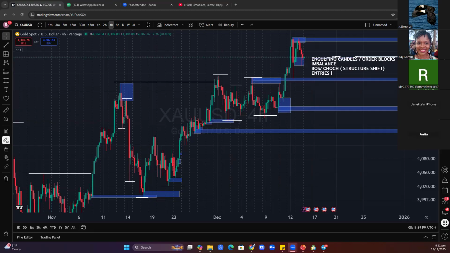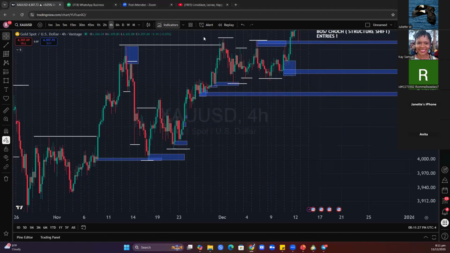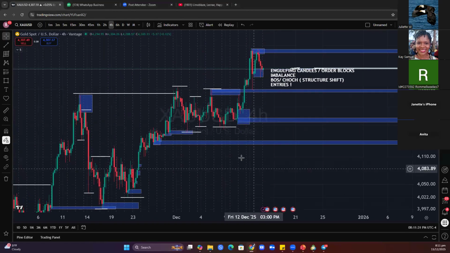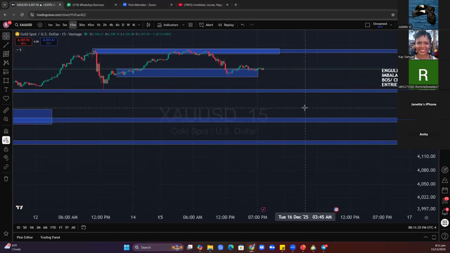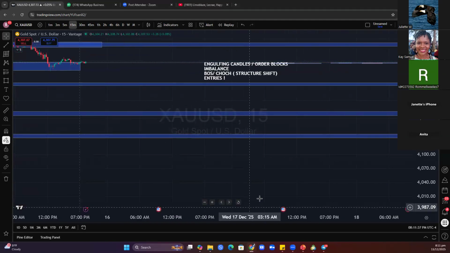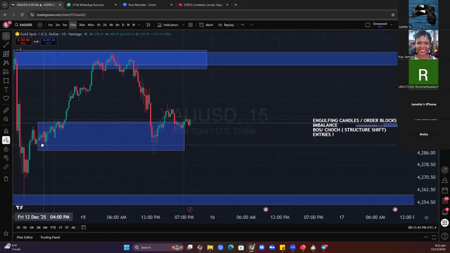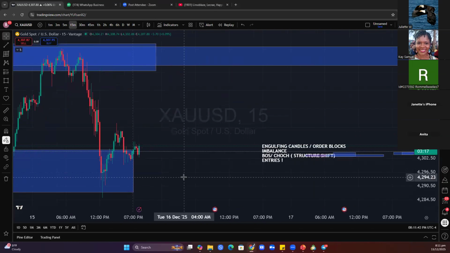All right. Let's go. Now, we're going to talk imbalance because this is going to be important for your entries. We're going to talk imbalance real quick. Pretty simple. Imbalance, guys, is where price is inefficient in one direction.